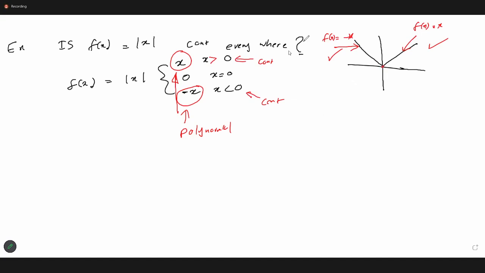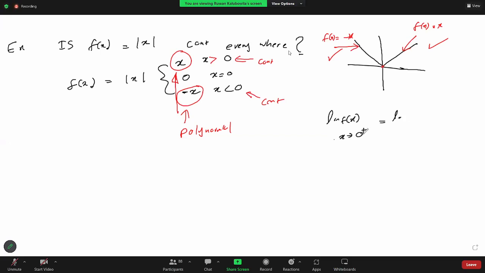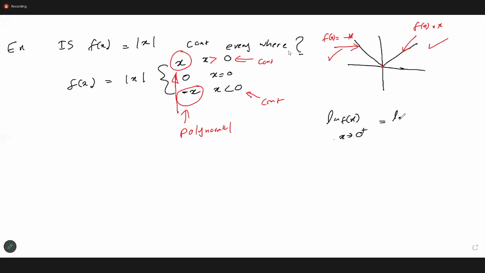Okay, let's do it. Limit of f(x) when x approaches positive 0. First I will write the limit of f(x). Then you have to think about what is f(x) when x approaches 0 in the positive way, not the positive 0, 0 in the positive way.